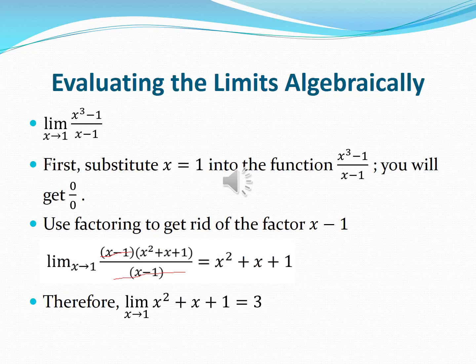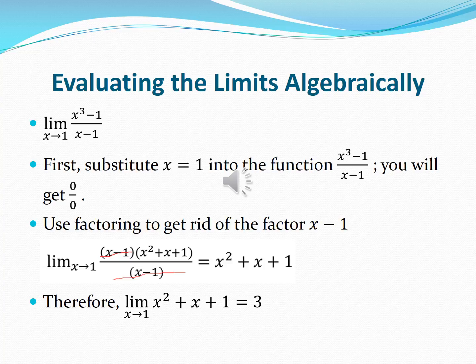So every time we do substitution and we find an indeterminate form, we use factoring techniques, or any other appropriate algebraic approach to change the function or to come up with an equivalent function.